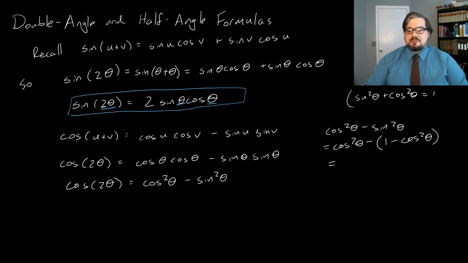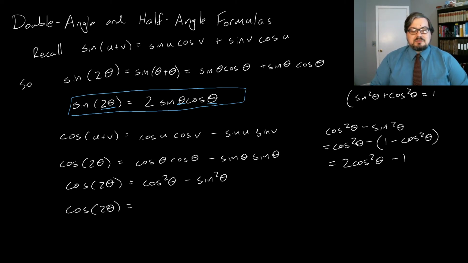Rearranging this, distributing the negative through and gathering stuff up, we get that 2 cosine squared theta minus 1 is an equivalent expression. So we also have that cosine of 2 theta is equal to 2 cosine squared theta minus 1.